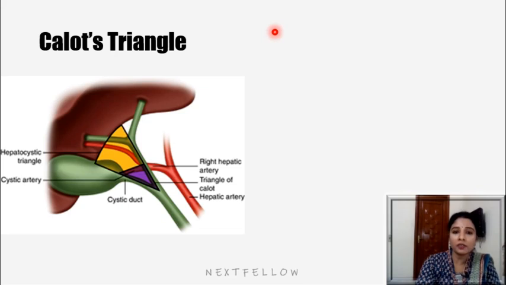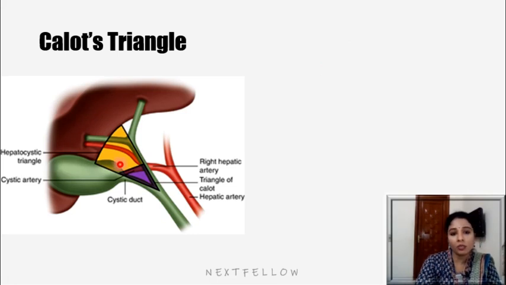The contents of Calot's triangle include the right hepatic artery, which is formed by the bifurcation of the proper hepatic artery into right and left branches. We can see the right hepatic artery and also the right hepatic duct. The cystic artery is also considered a content if you take this whole thing as a triangle; it typically arises from the right hepatic artery and traverses the triangle to supply the gallbladder.